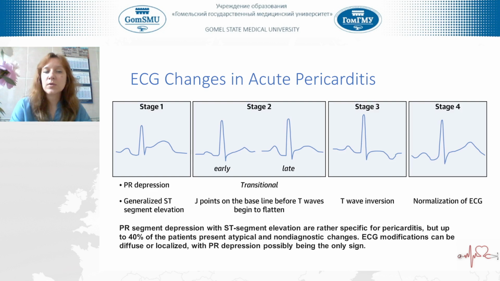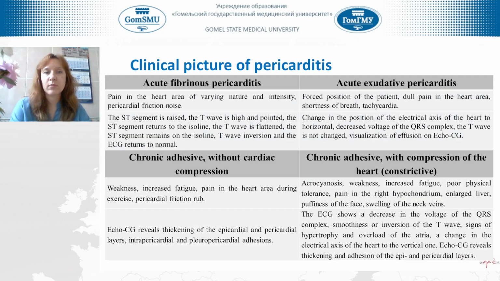PR segment depression with ST segment elevation is rather specific for pericarditis, but up to 40% of patients present with atypical and non-diagnostic changes. ECG modification can be diffuse or localized, with TP depression possibly being the only sign.